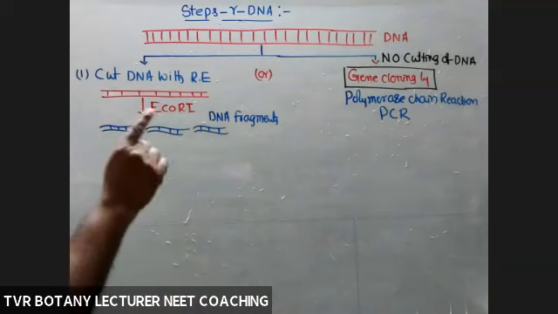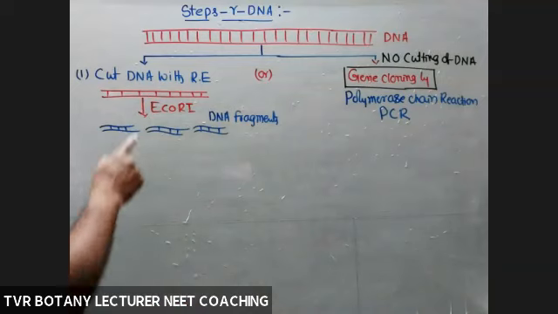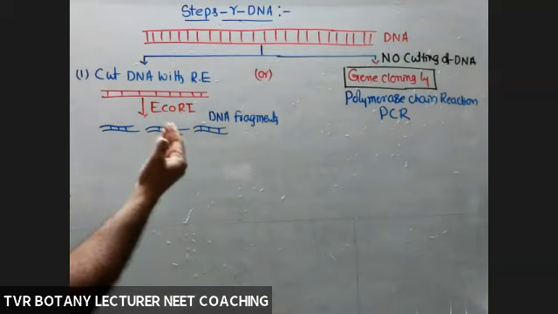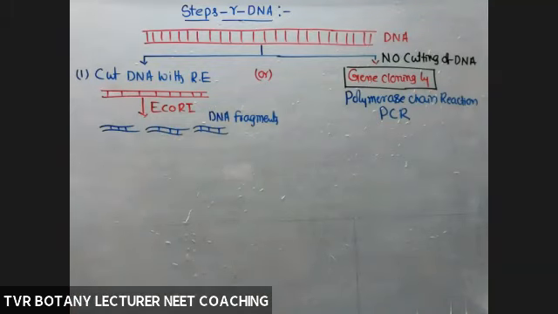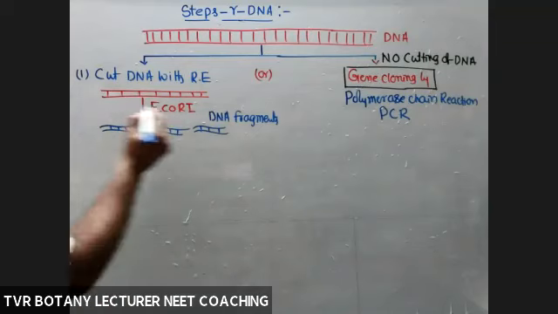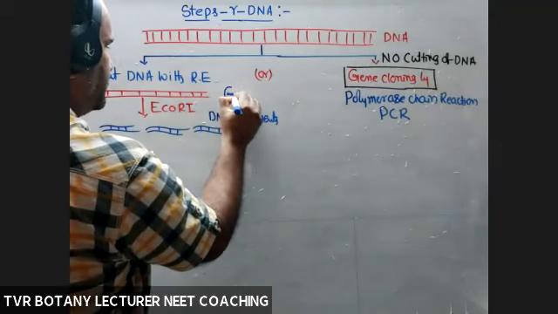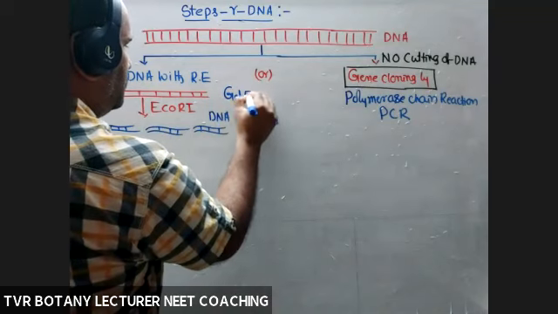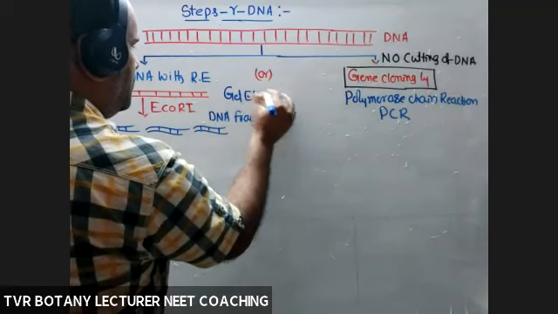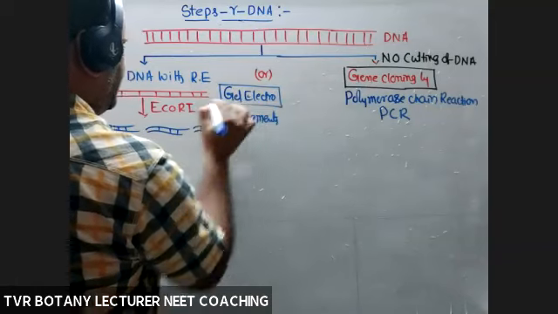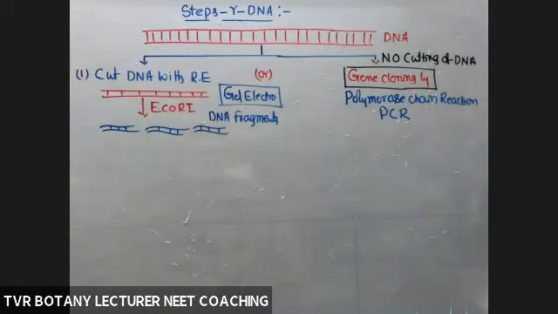Gel electrophoresis is able to check the progression of cutting of the DNA molecule and the separation of DNA molecules also. So from here onwards we use gel electrophoresis. The DNA and the concerned enzyme are dropped into the agarose block. Now the enzyme is able to cut the DNA into fragments.